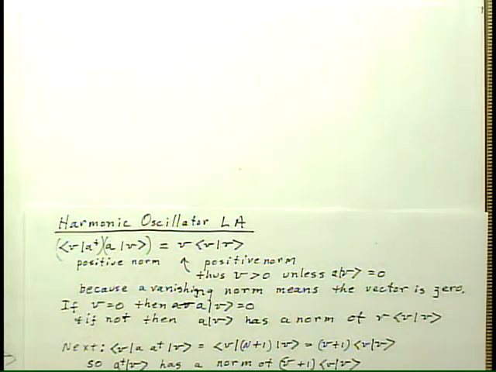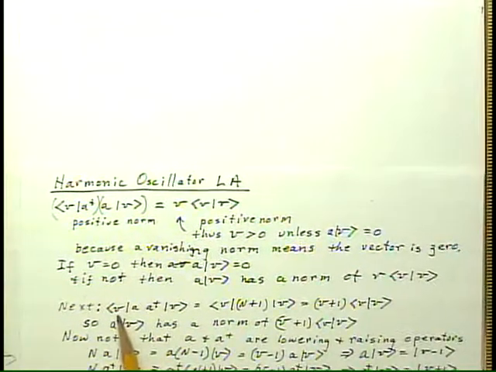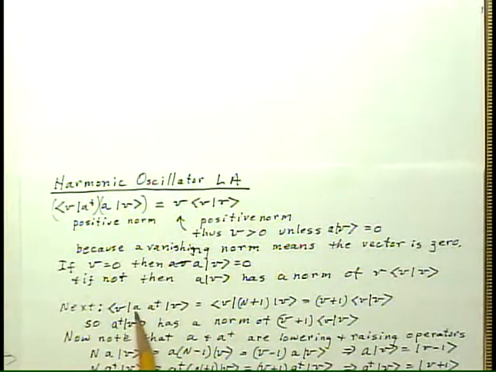Now we're going to do a similar construction to this one, but rather than taking A dagger A in the middle of two vectors nu, we're going to take A A dagger, which we do right here. And so we can look at nu, A A dagger, nu, and say, what is the norm of this vector? Well, this right here is equal to n plus 1.